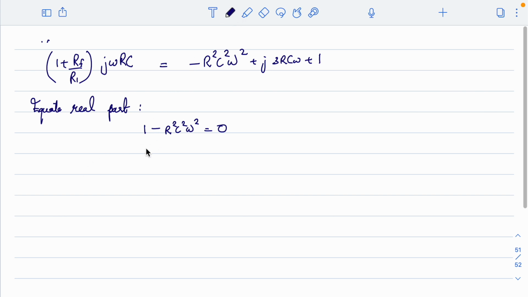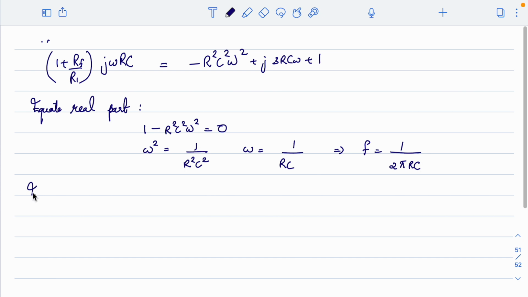Or I can write omega square is equal to 1 by R square C square, or omega is equal to 1 by RC. Further, we can write the frequency as f is equal to 1 by 2 pi RC. This is the frequency of oscillation.